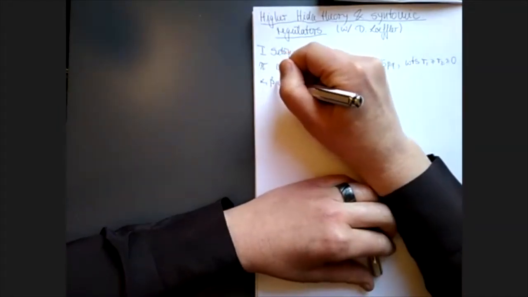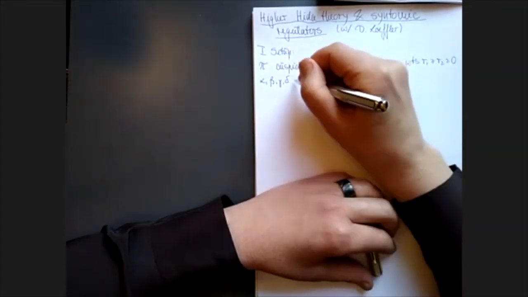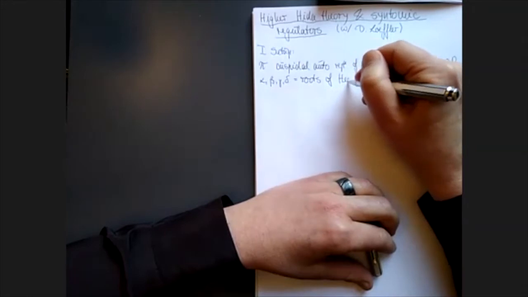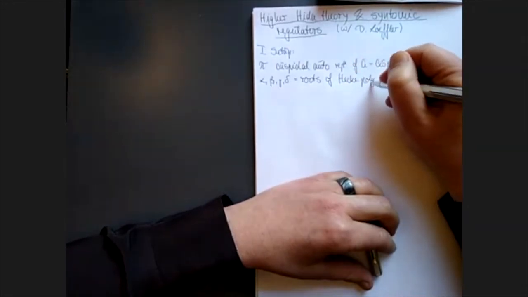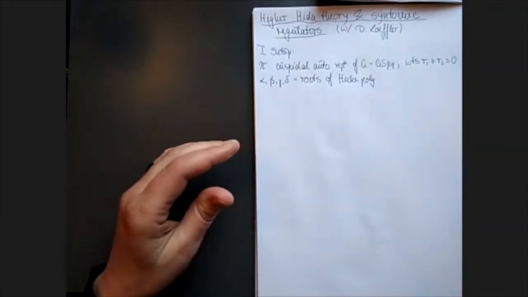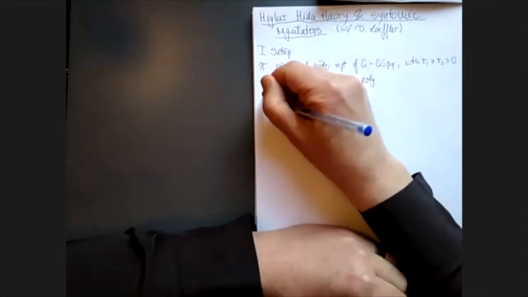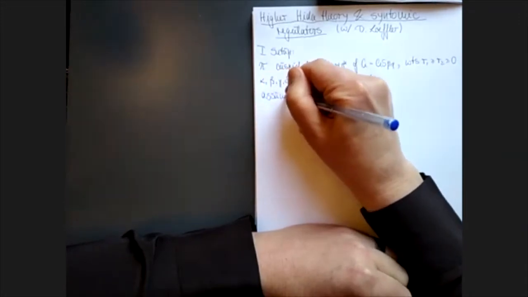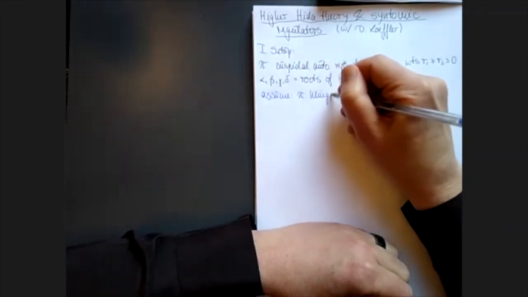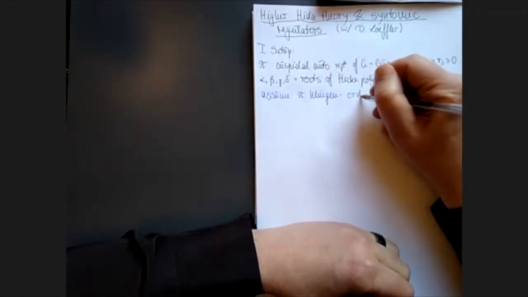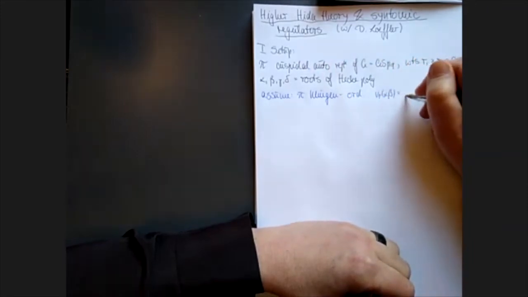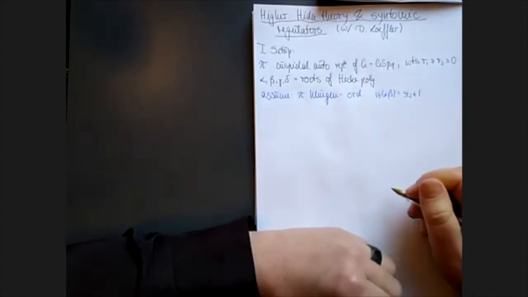And I let alpha, beta, gamma, and delta be the roots of the Hecke polynomial, ordered by p-adic valuation. So I assume that pi is Klingen ordinary, which means that the p-adic valuation of alpha beta is equal to r2 plus 1.